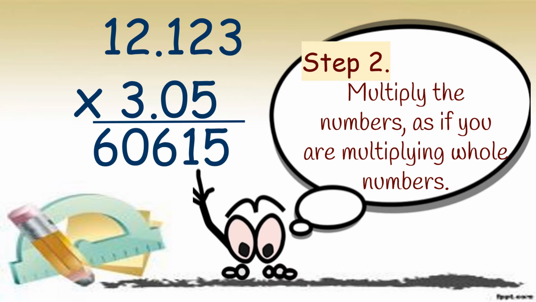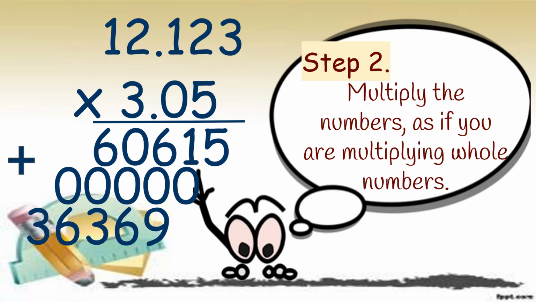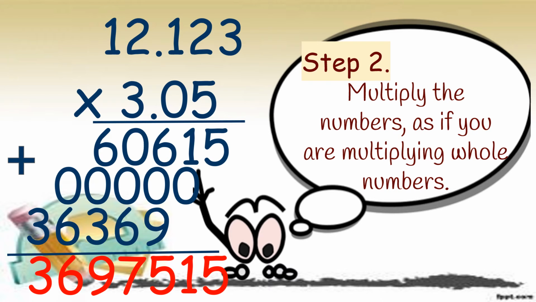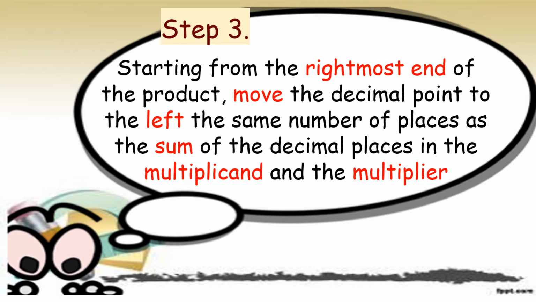We will have 5 times the multiplicand, 0 times the multiplicand, and 3 times the multiplicand. Always remember to have the ladder. Then add. For the answer, starting from the rightmost end of the product, move the decimal point to the left the same number of places as the sum of the decimal places in the multiplicand and the multiplier.